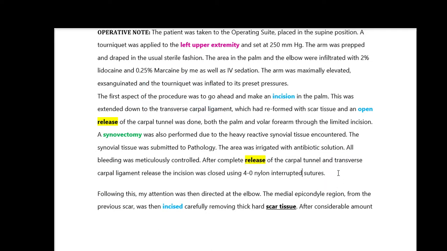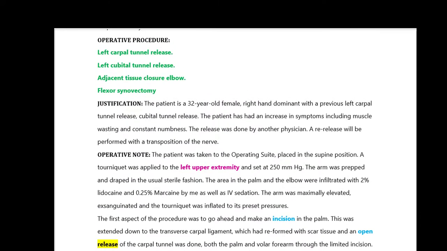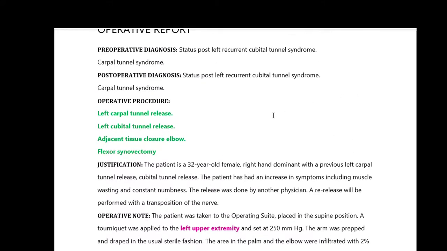If you don't know this, when you are releasing for a carpal tunnel syndrome, what you're actually releasing is the median nerve. If you don't know that, you can Google it and find out that median nerve is really your body part here. And when you are releasing a cubital tunnel, it is your ulnar nerve.